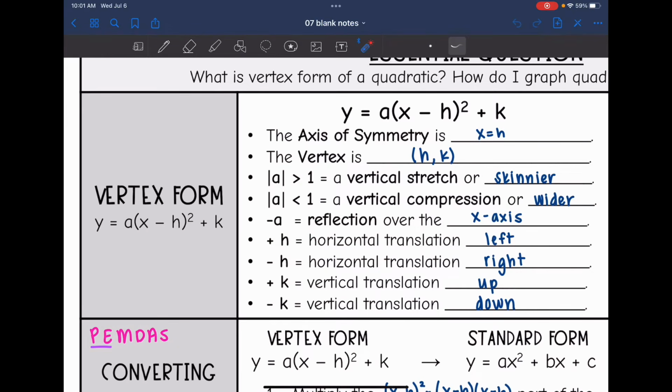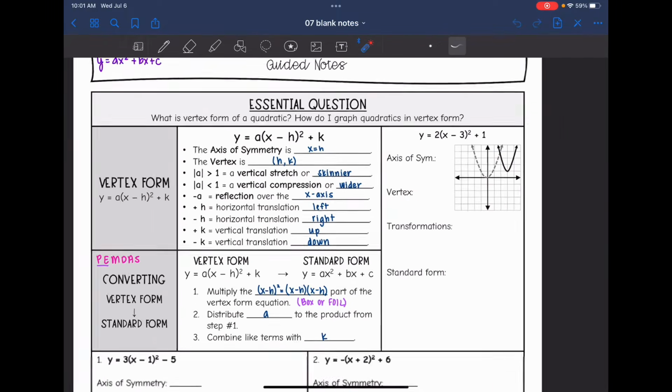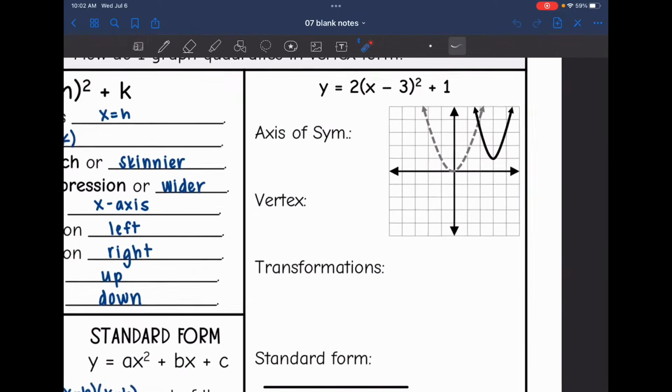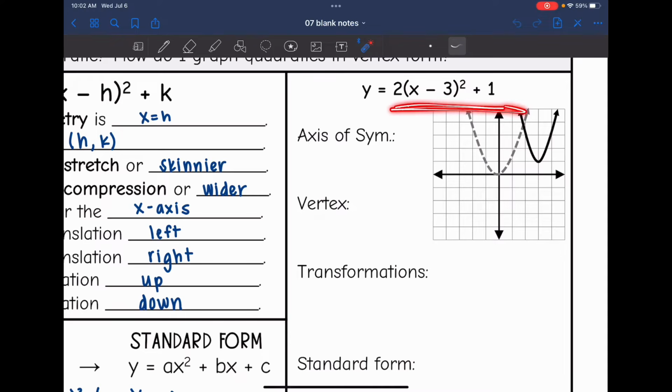And since h and k were shifting the vertex left, right, up, or down, the vertex is (h, k). And then the axis of symmetry is x equals h because the h controls how much we shift left or right.